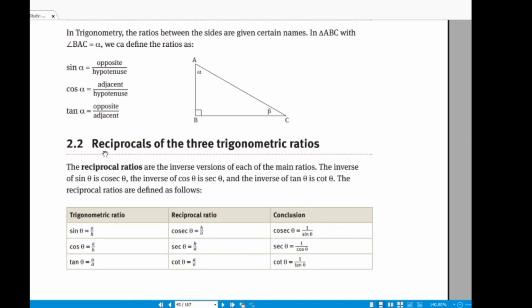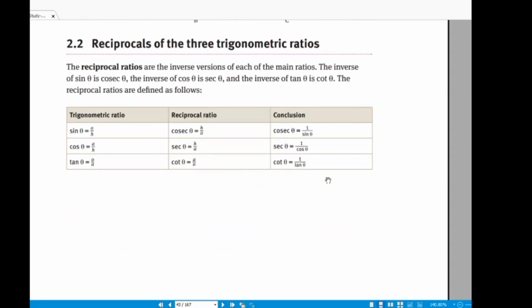So with inverses, you are just flipping the denominator and the numerator. For the inverse of sine theta, you will have the numerator as the denominator and the denominator as the numerator. The same applies for the other two, right? So those are the reciprocal ratios.